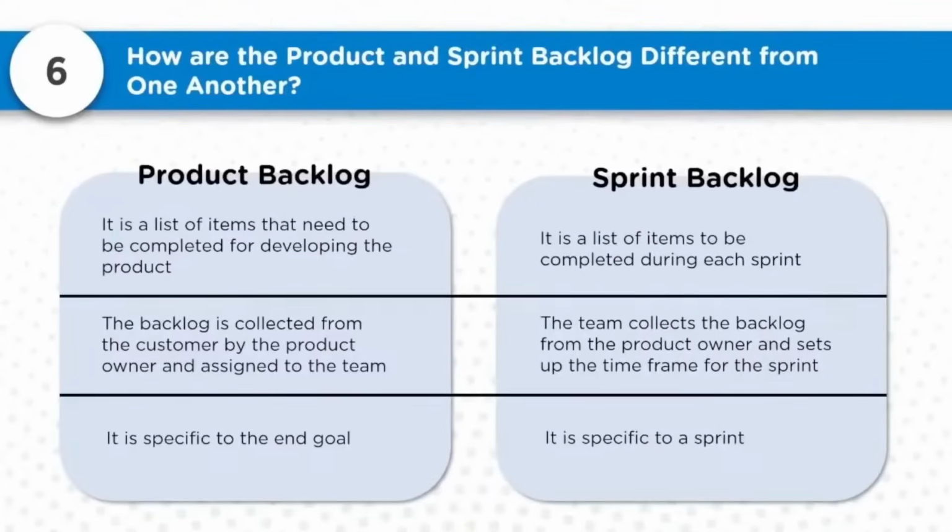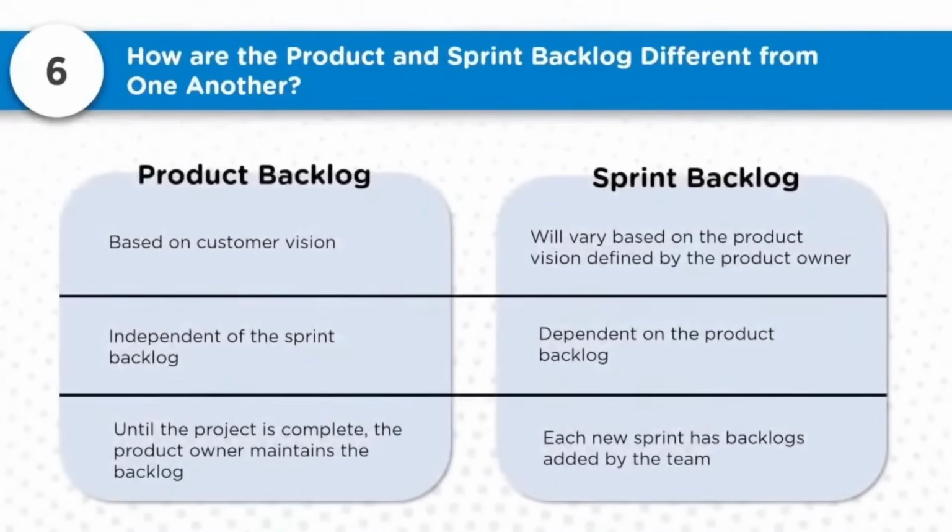So the product backlog is specific to the end goal, the ultimate objective, whereas the sprint backlog is specific to that sprint, that specific iteration called a sprint in Scrum. What is it that we're going to produce as part of it? The product backlog is based on customer vision, whereas the sprint backlog will vary based on the product vision defined by the product owner.